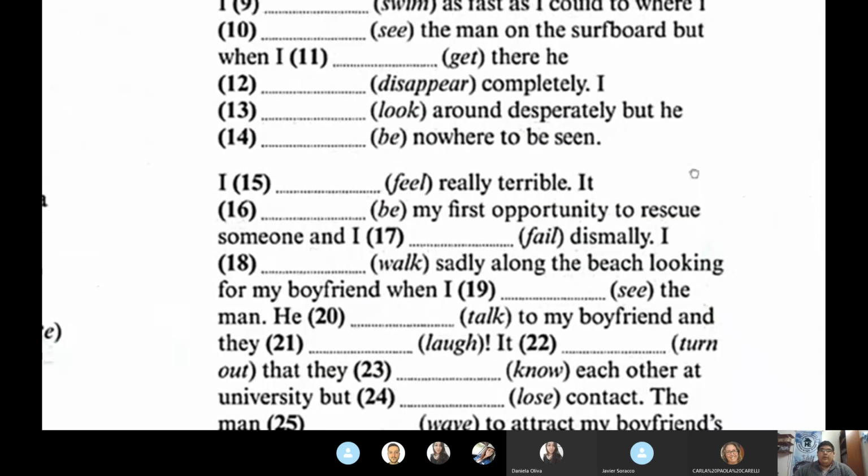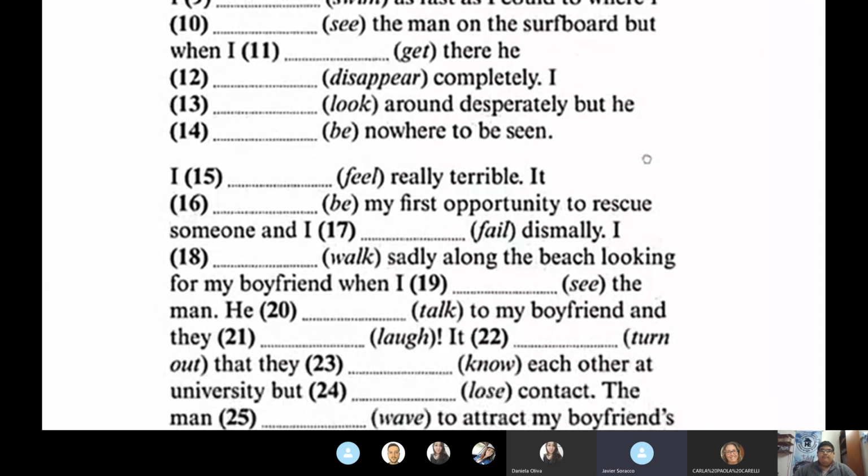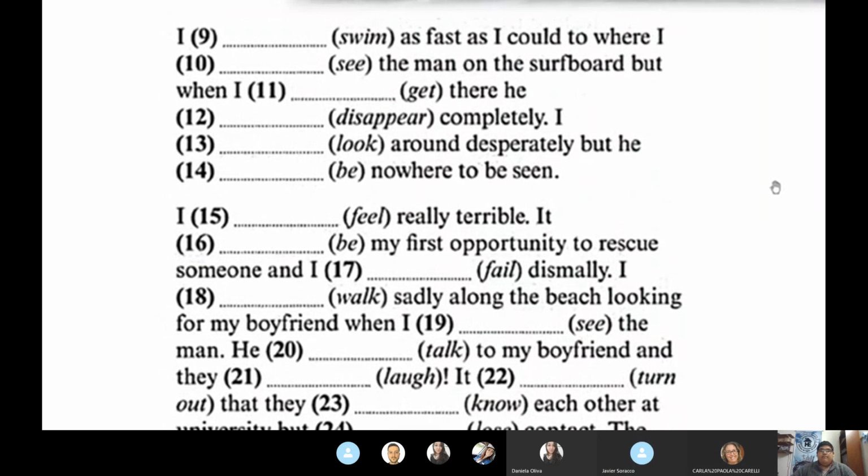Let's continue the story. I swam as fast as I could to where I saw the man, donde había visto el hombre.